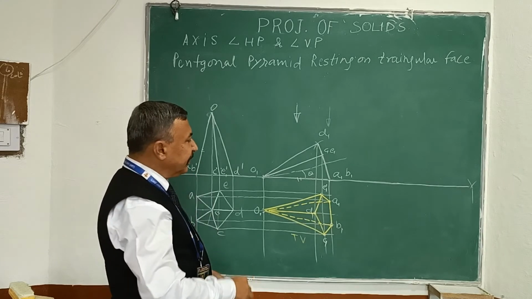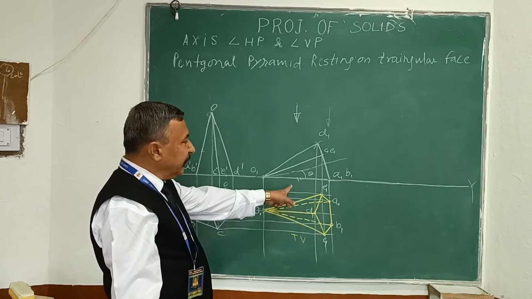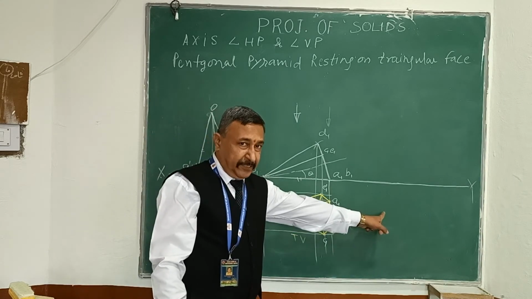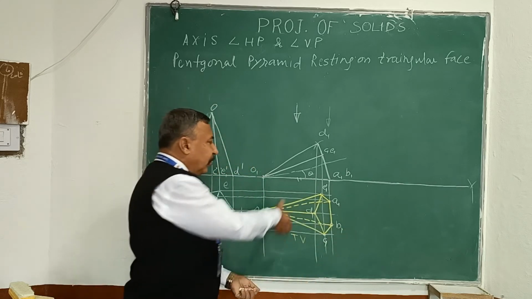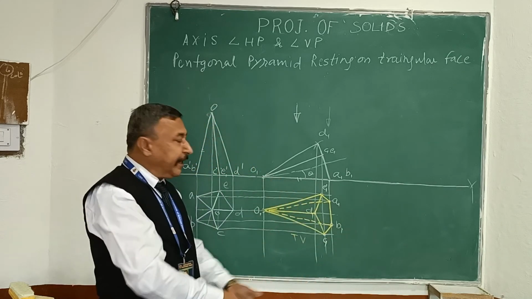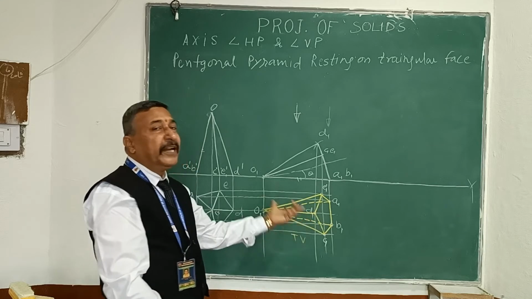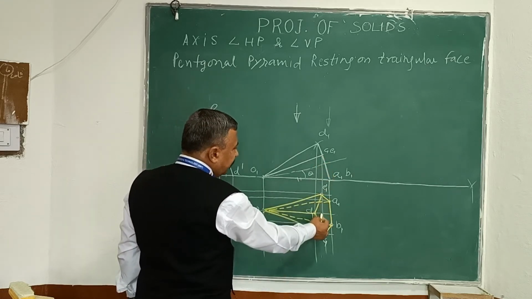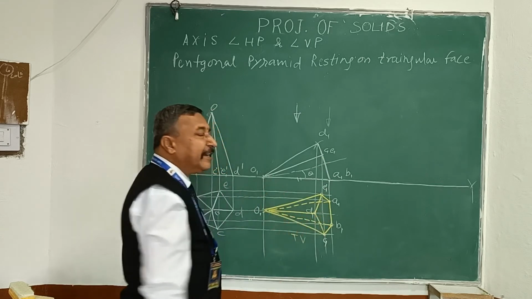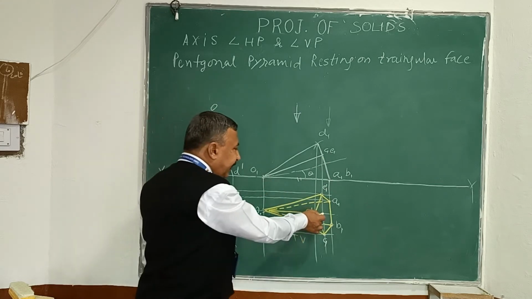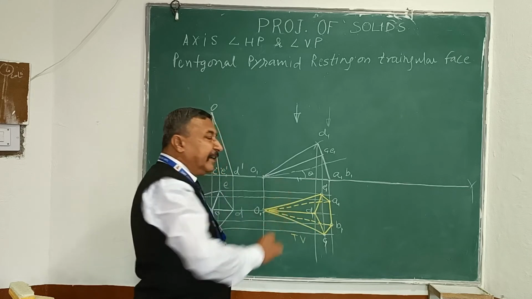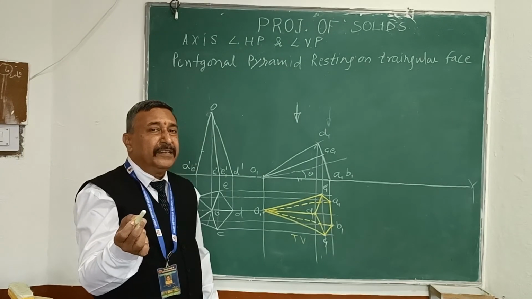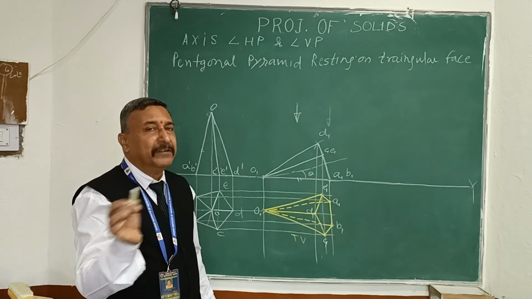Okay. Now we have to give second inclination, that is rotate this view. When you rotate this view, your axis is inclined. Suppose this shows the axis position. But the axis inclination is mostly not given the second time. It is not given.